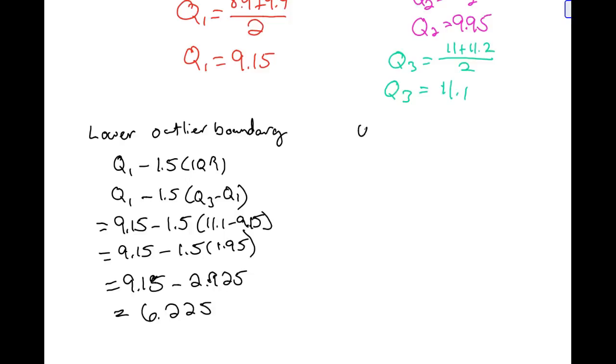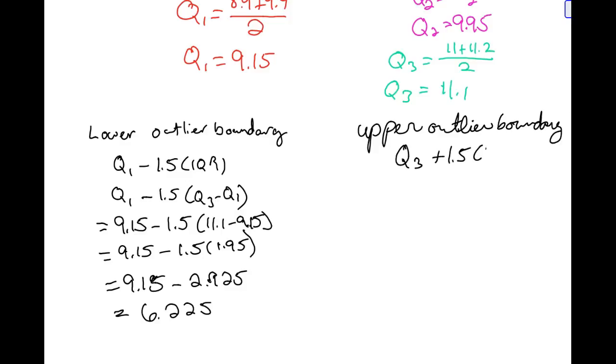I'm going to do the same thing for my upper boundary. The only difference is instead of subtracting, I'm going to add, and I'm also going to use Q3. So Q3 plus 1.5 times my IQR. So Q3 plus 1.5 times Q3 still minus Q1.